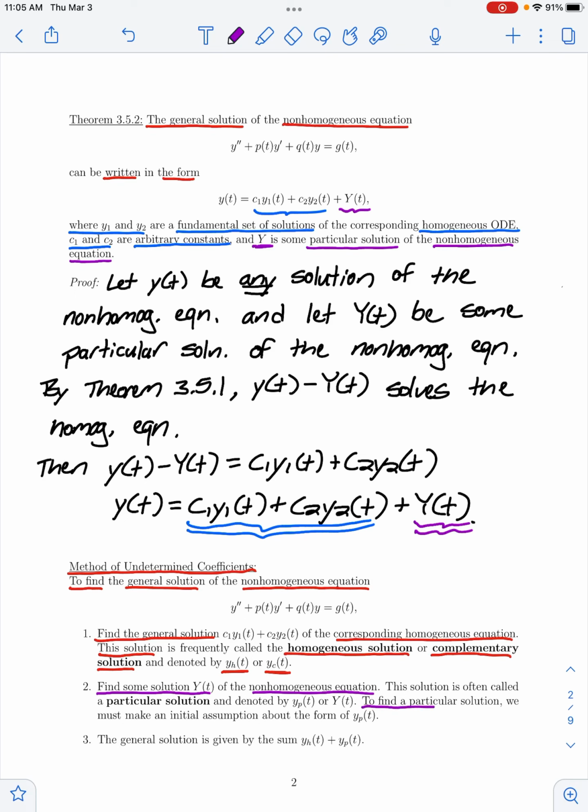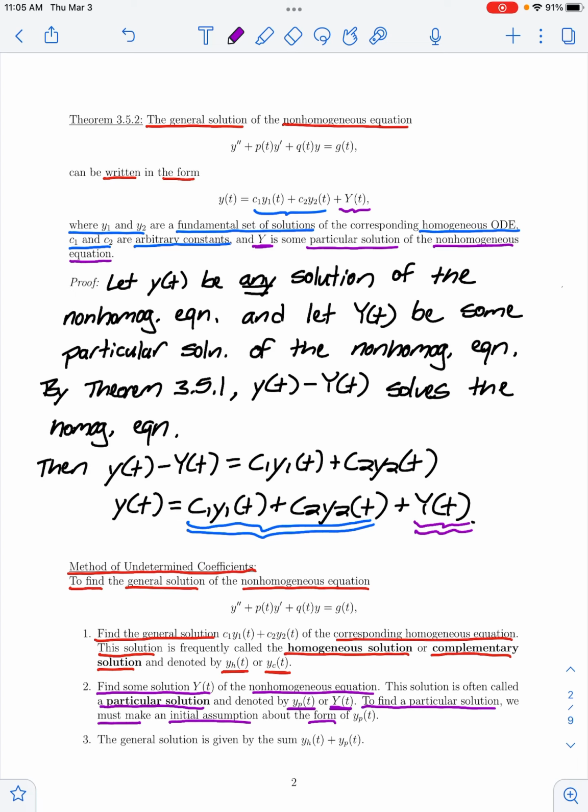Well, to find this particular solution that we're after, we're going to first make an initial assumption about the form of our particular solution. This one particular solution that we find for our non-homogeneous equation is called a particular solution and is denoted by either y sub p of t or capital Y of t.